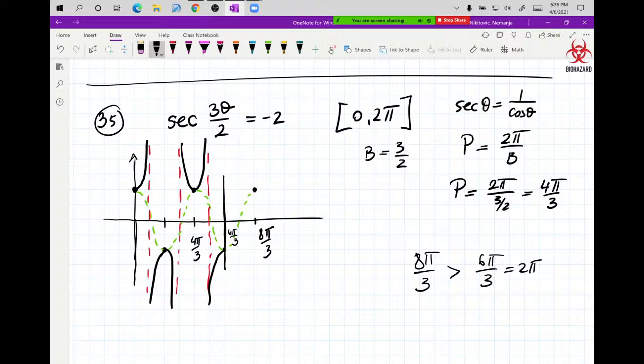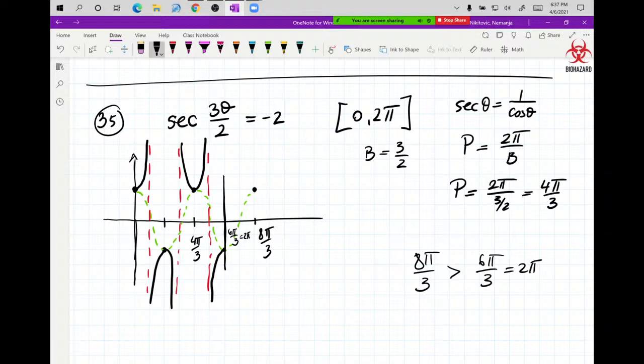Now you can delete the green stuff if you want to. The red needs to stay. Red are your vertical asymptotes, which are part of the secant function, and the black is obviously the secant graph. So the green can go. Red stays, black stays.